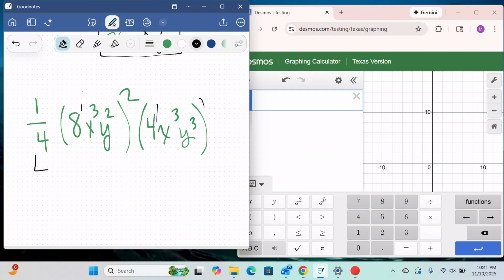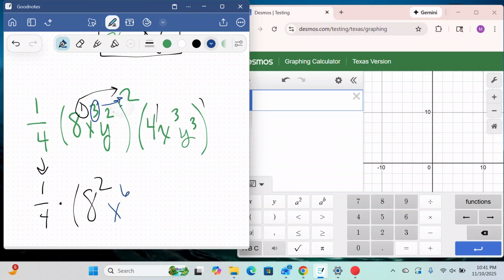Right here, I would just bring down this, so it would be just bringing down 1/4 times open parentheses. Here I'm going to do a power raised to a power, so it is 8 to the 2nd. And then with the blue, I'm going to do a power raised to a power right here, so it is x to the 6th.